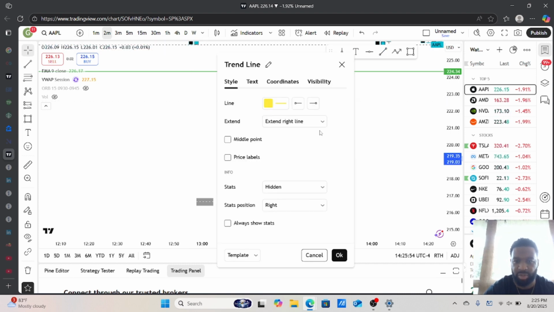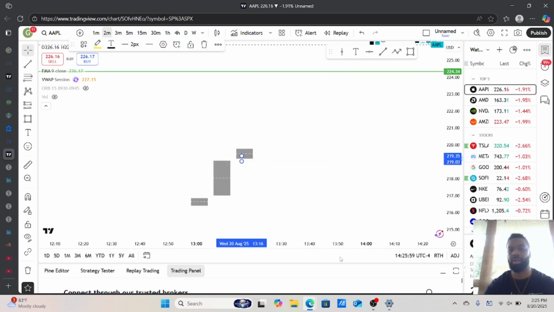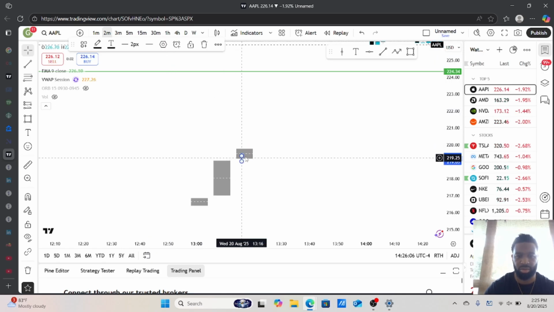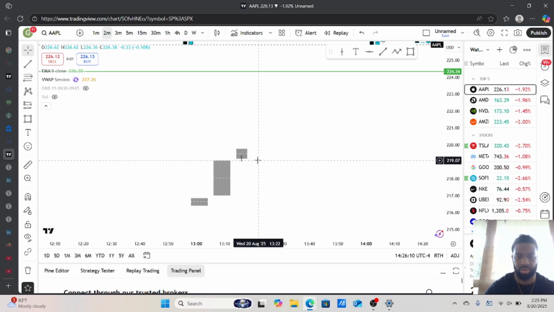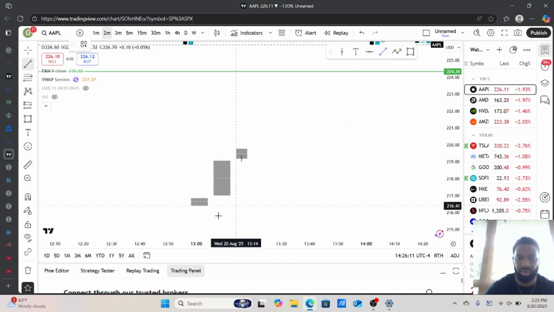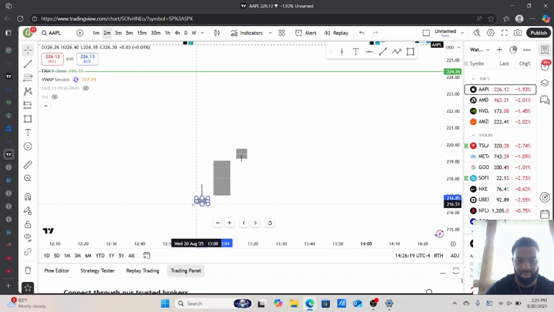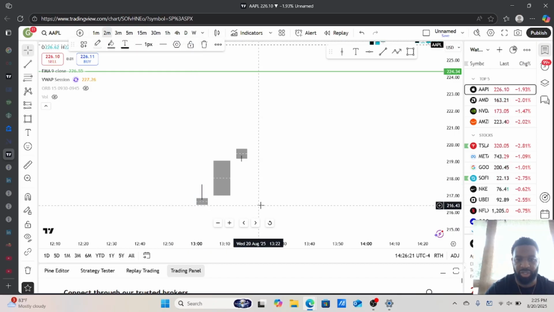I gotta change that setting real quick. Make sure this is visible as well. All right, boom, there's the candle. There's another candle. Trying to get these right. All right, cool.